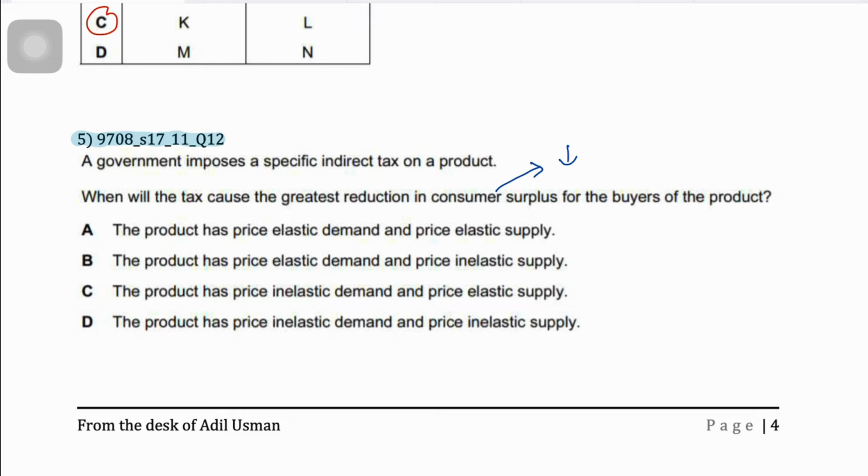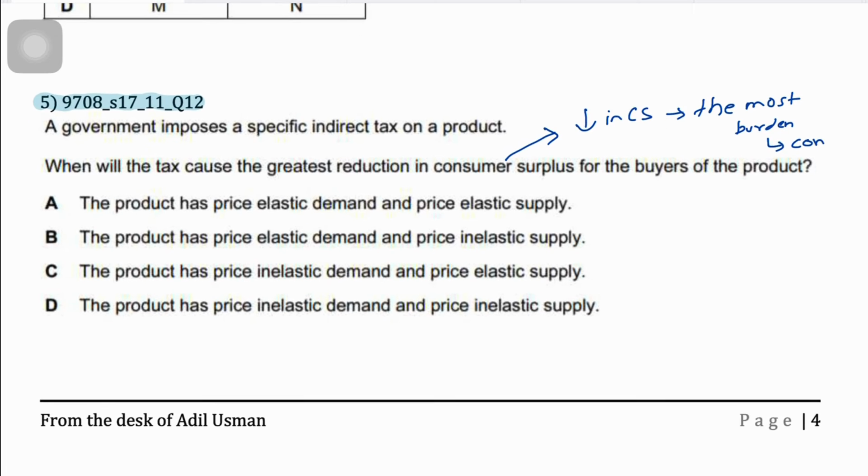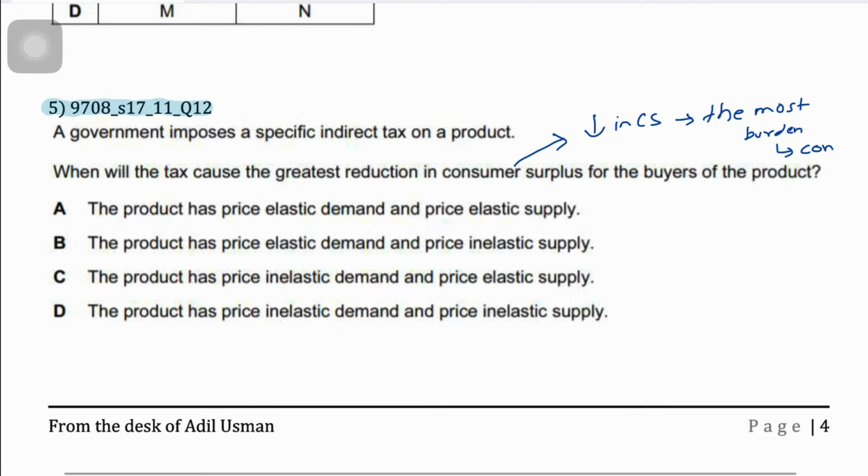So if we know what would cause the maximum burden to fall on the consumer, we would automatically have the answer to this.